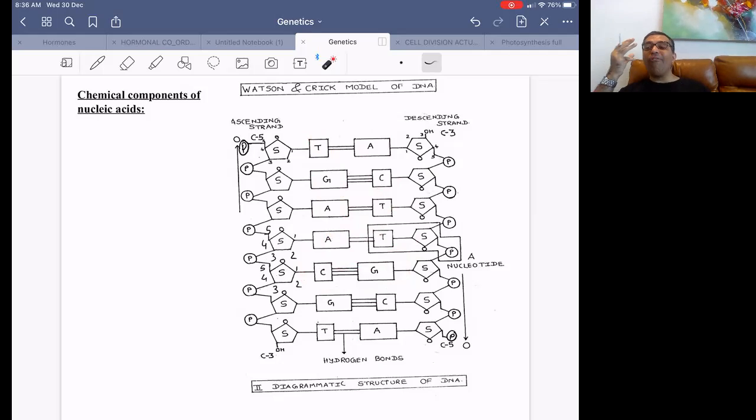The secret of life itself, the beauty of life lies in the sequence of four alphabets ATGC. How tall you are, how good looking you are, what is the shape of your nose, what is the color of your eyes, how much is your intelligence, everything depends on the permutation and combination of four alphabets ATGC, and that wow is something we are going to understand in a few lectures from now.